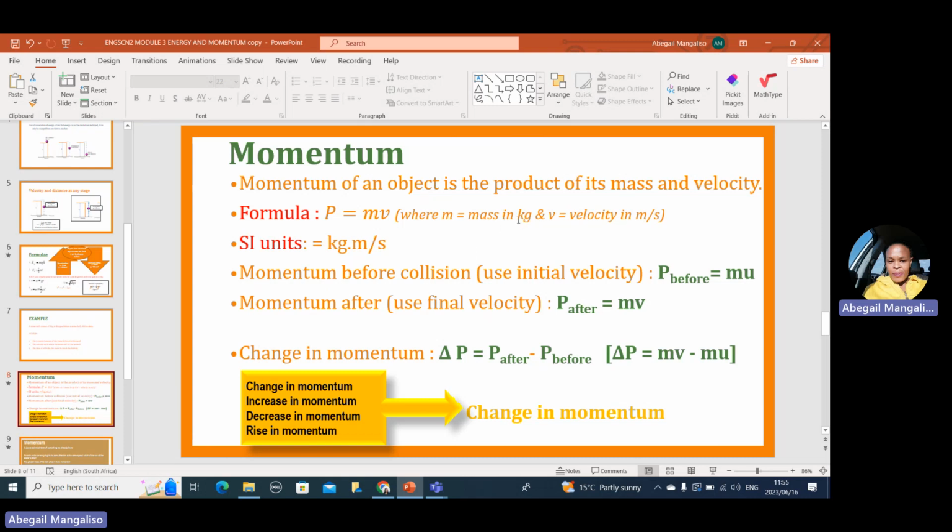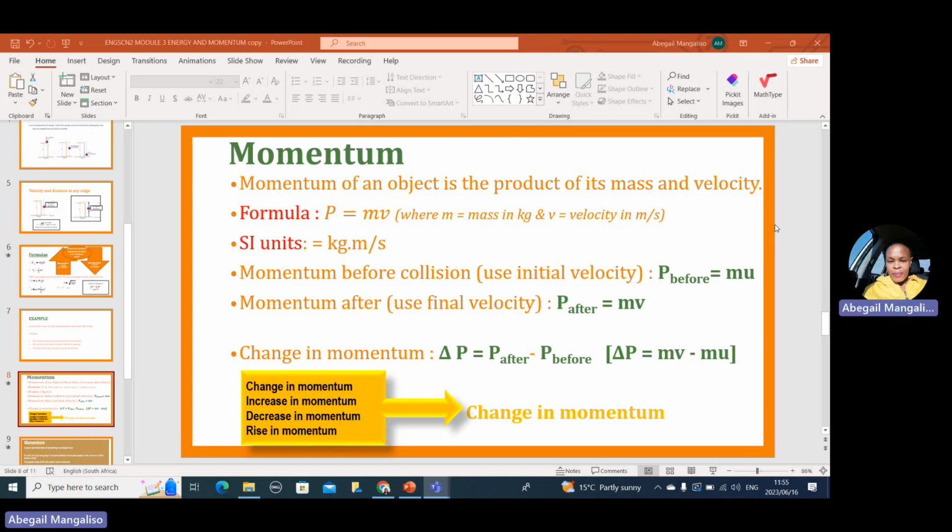If it's not given in kilograms, you convert it to kilograms. And v is the velocity in meters per second, with conversion if it's given in kilometers per hour or meters per minute. When you put these two units together, they give us the SI unit of momentum, which is kg·m/s.